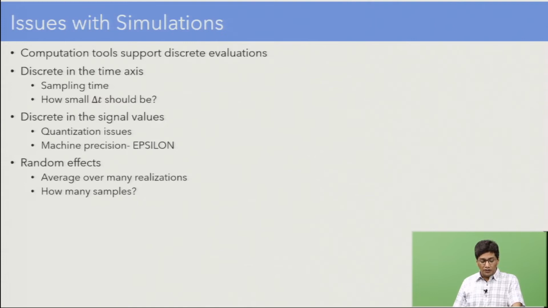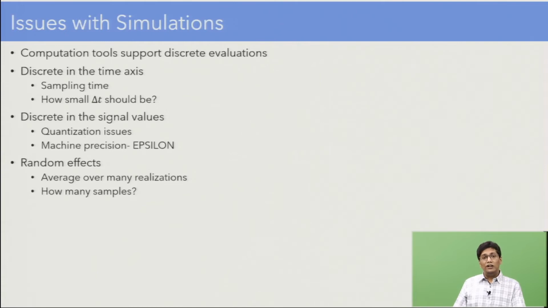And then we talk about how there may be random effects. When you have random effects, many times we are interested in average behavior. So, if you want to look at the average behavior, you have to simulate the system multiple times. Every time the system behaves a little bit differently because of the random factors, and then you take the average. So, the question comes, how many times do you need to simulate the system?